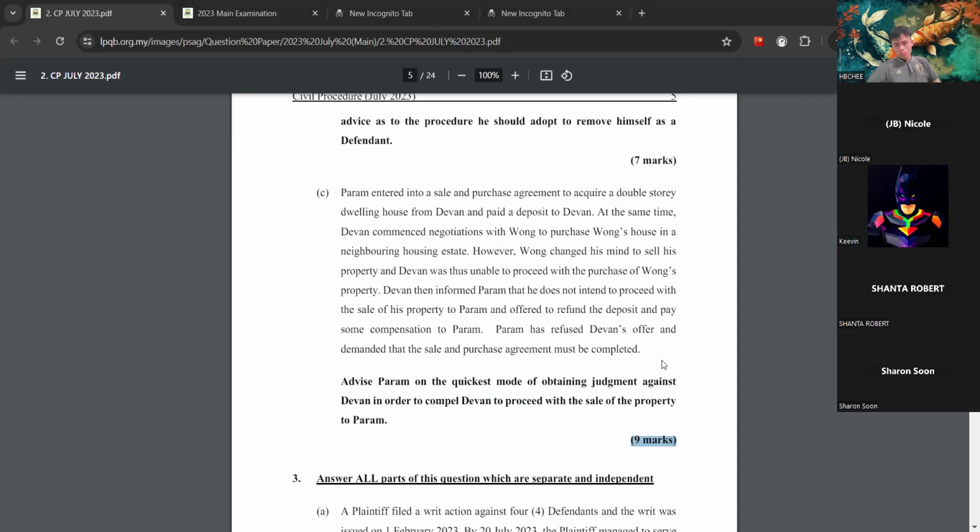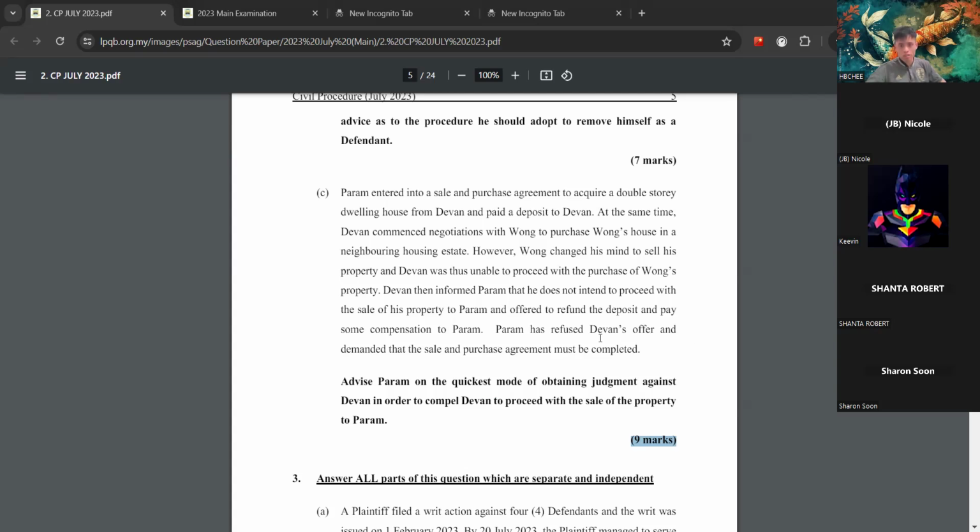Okay, I can see most of the answers are concerning Order 81, Rule 2 of your Rules of Court. Yes, it is part of your answer only. Because it is allocated 9 marks, what I suggest is, first, we have to separate it into three different parts.